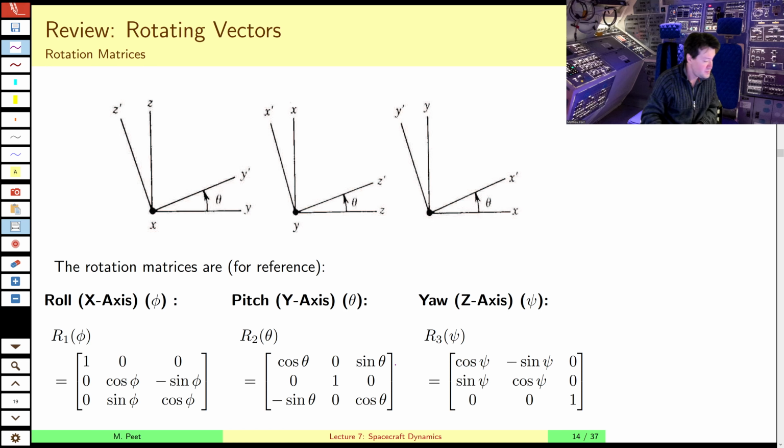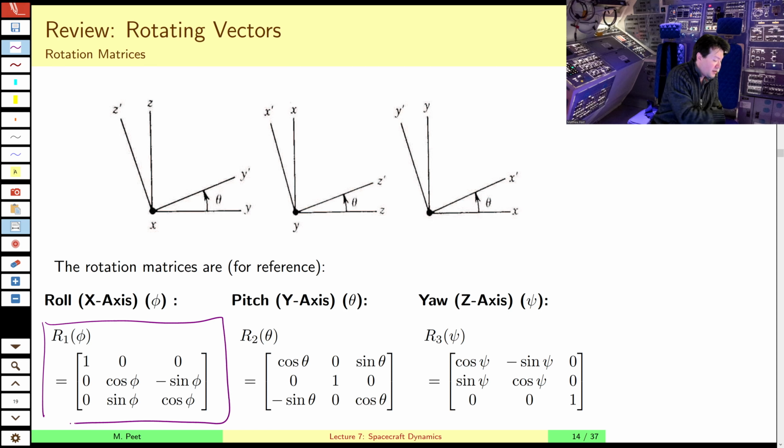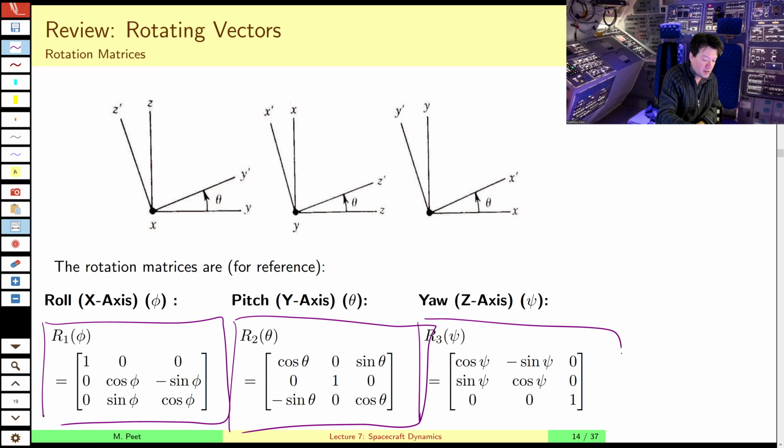So these are the three rotation matrices. They are very simple, given in closed form. You can almost memorize them. There's a positive cosine on the diagonals. If you're rotating about the axis, nothing changes there. That's your zeros and ones. Then the only thing to remember is the positions of the sines and cosines.